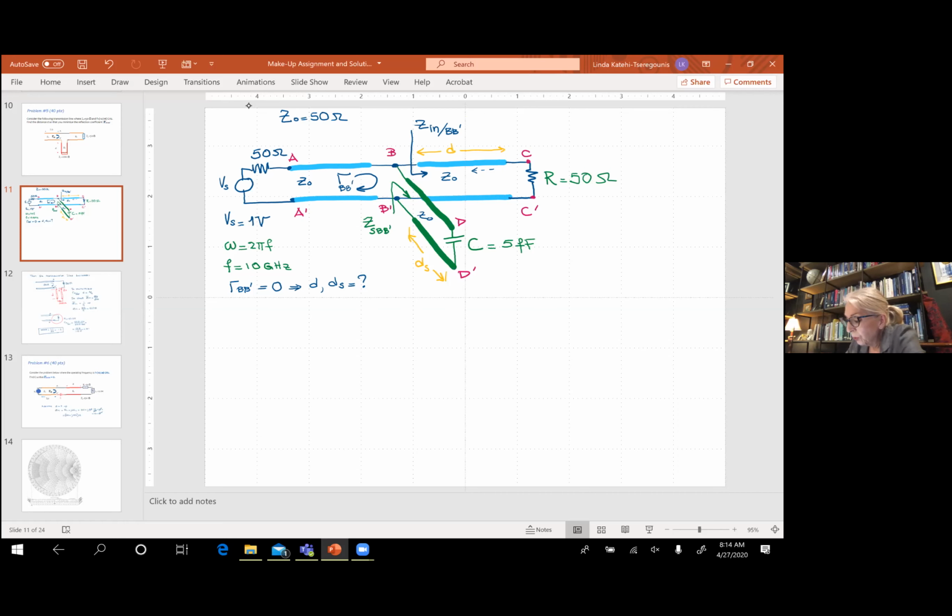We need these two in parallel configuration to give me 0.